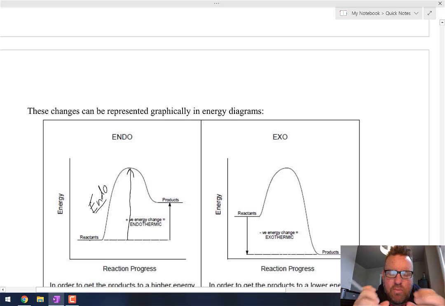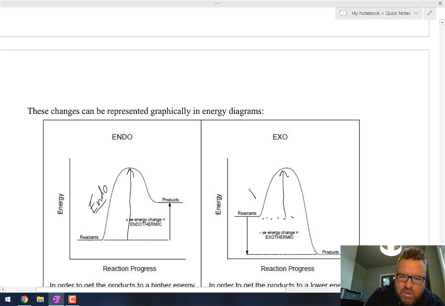Every time you break a bond, it requires energy. There's some confusion about that in some parts of the science world, but every time you break a bond, it is an endothermic process. So notice that at the beginning of every reaction, there is an endothermic part, okay? And again, that endothermic part is the bonds in the reactants breaking.